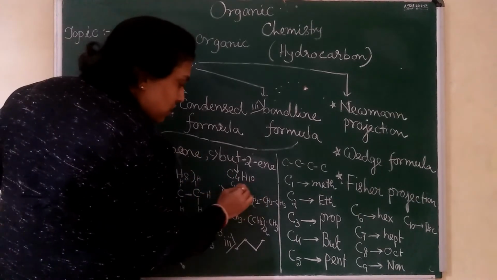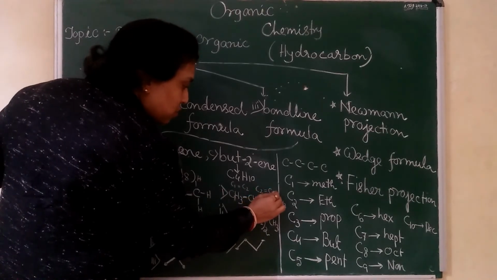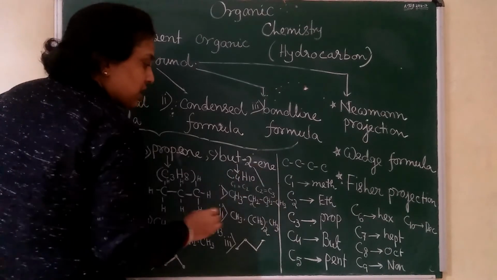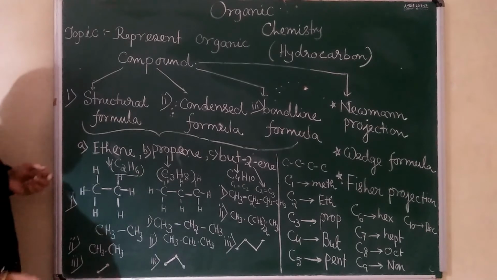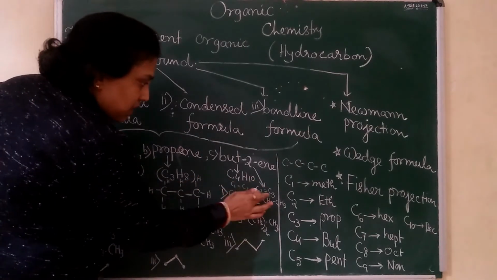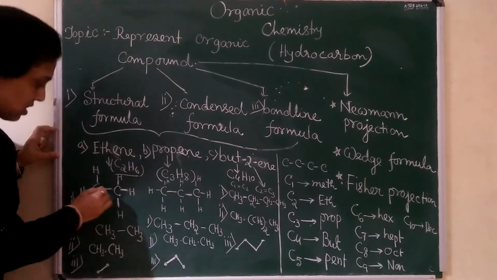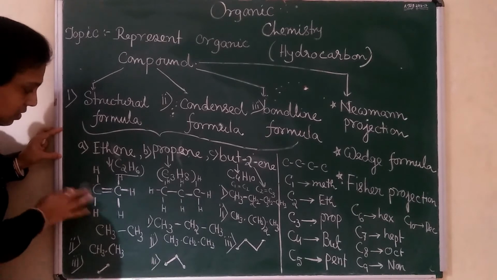If it is 2-ene, then it is between carbon 2 and carbon 3, so it will be represented as 2-ene. Now next, as we are doing alkenes, let's do the structure. So ethene. Ethene means here it will be a double bond and one hydrogen you have to omit.